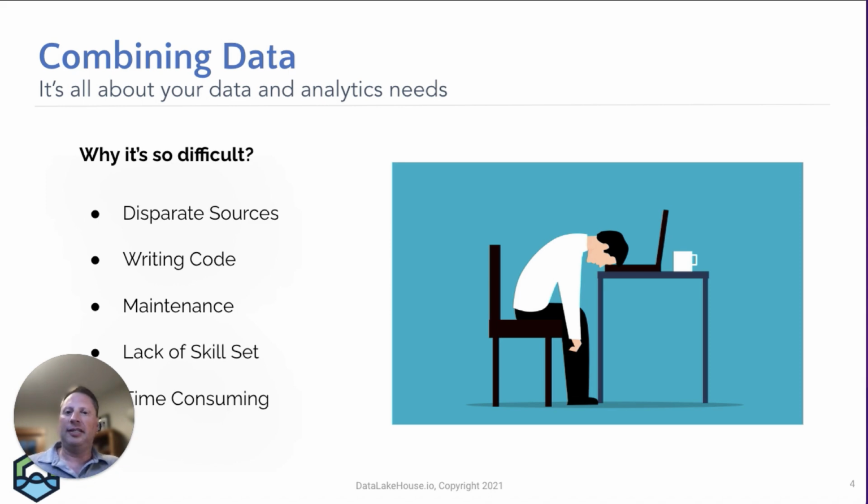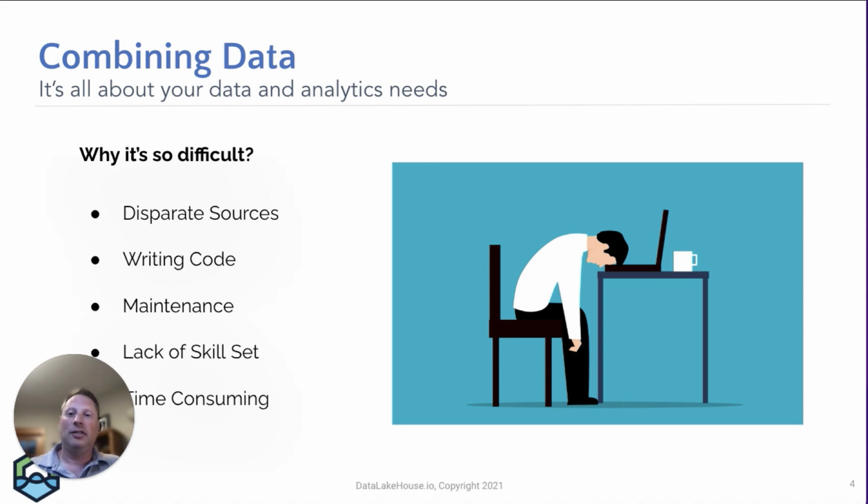Some people see this as a difficult thing to do, and reasons behind that might be very apparent, such as, hey, there are two different data sources, right? They're disparate in nature. Perhaps one is a point of sale, the other one is an ERP system or a CRM system. So on the surface, combining those two systems together might seem to have its own complications.